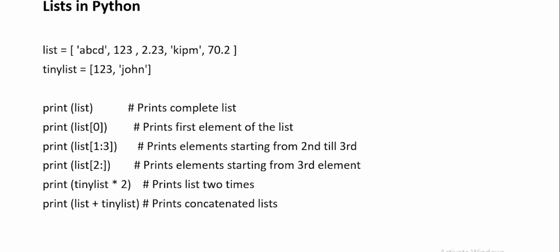You can create a variable called list, and you can provide a b c d 1 2 3 2.23. You can see there are a number of different data types: float, integer, and string. You have created a tiny list that is containing two different data types, one is integer and another is a string.